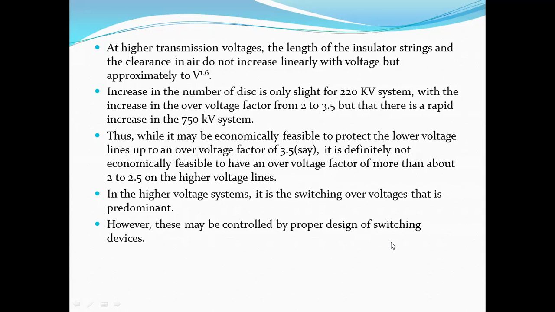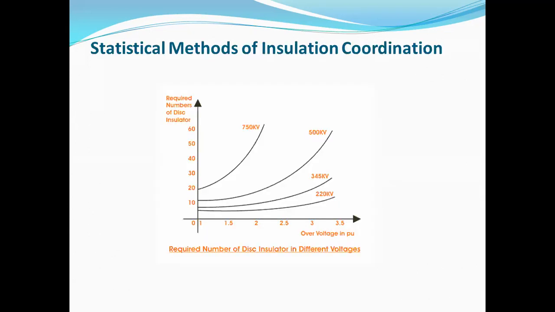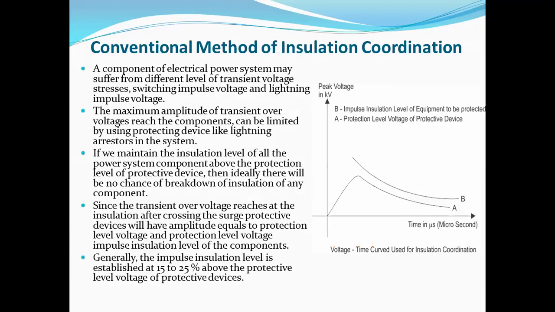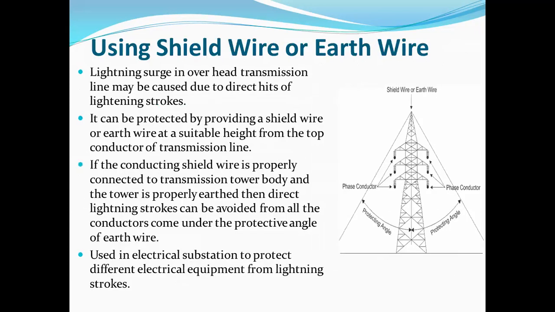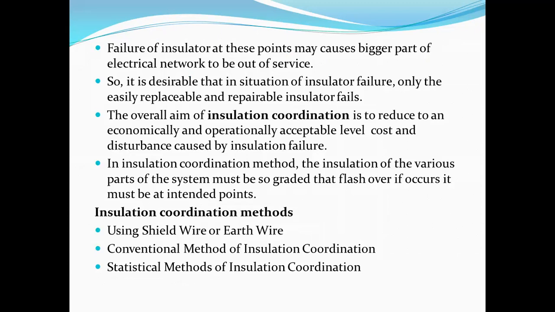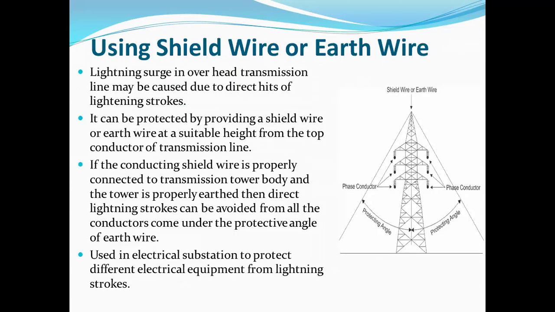So in this way there are three methods of insulation coordination. First is by using earth wire or shield wire, then second is the conventional method, and third is the statistical method, right? By using these three methods we can provide insulation coordination to the system or to the equipments also.